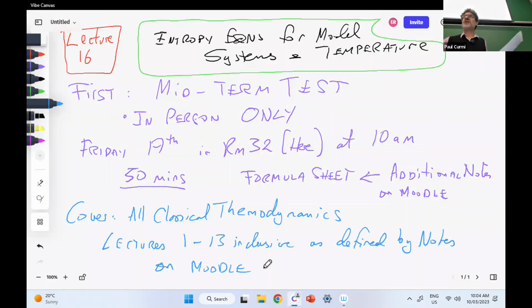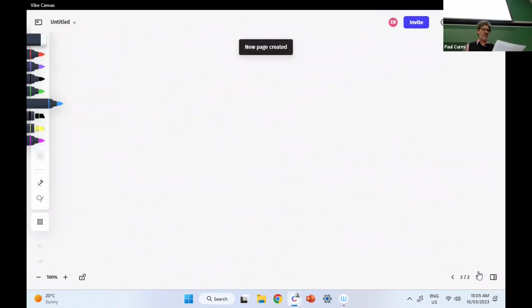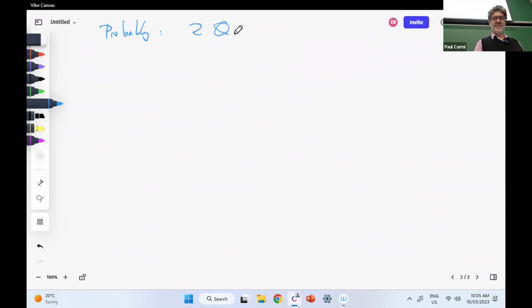So these scribbly sheets that I have saying lecture 1, lecture 2, lecture 3, that's them, okay? So that's the test. The test has not been written yet. I'm Mr. Last Minute, like you guys probably are as well. So it doesn't exist. You can't ask me what's on it now. I don't know. So probably 2 questions. Multi-part.